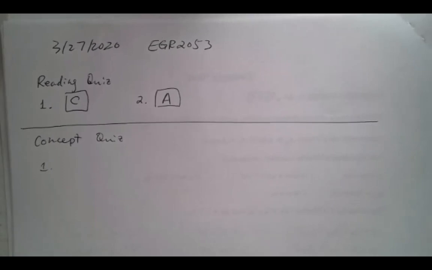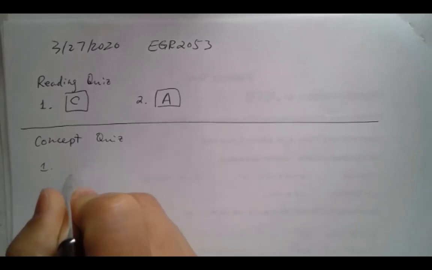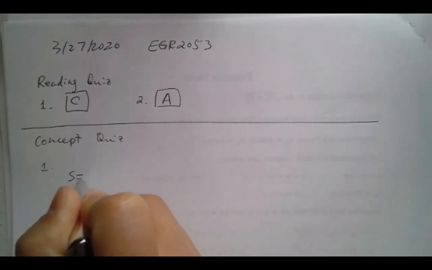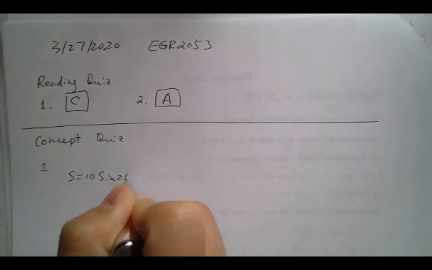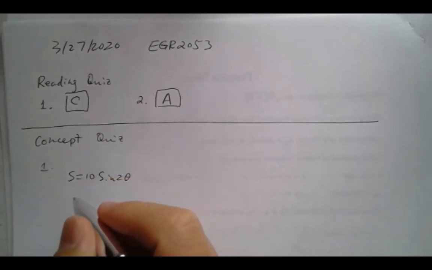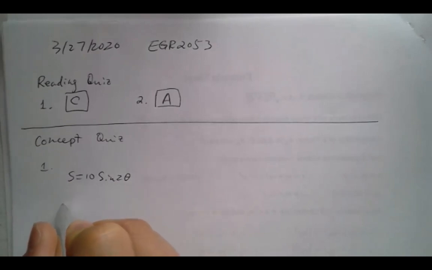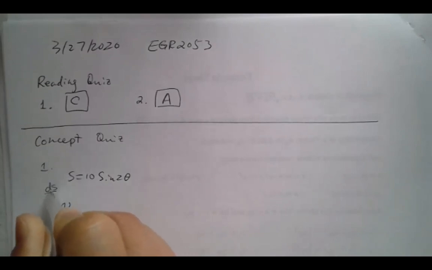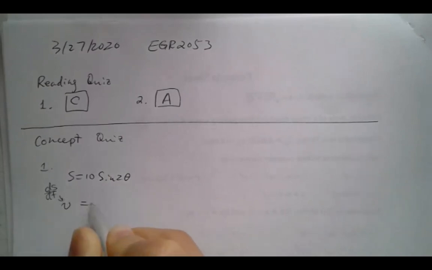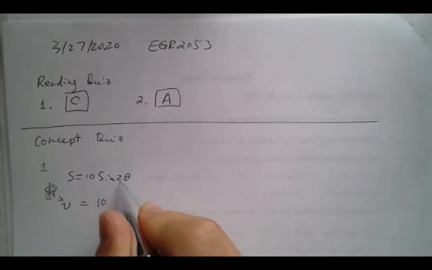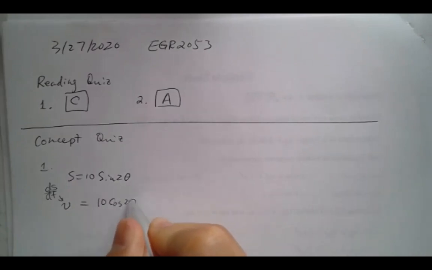Let me just quickly go through this one. The first one says s is equal to 10 times sine of 2 theta. In order to figure out the velocity, you'll be doing the time derivative. So ds over dt gives you v, which equals the time derivative of this one. 10 goes down here, sine becomes cosine of 2 theta.